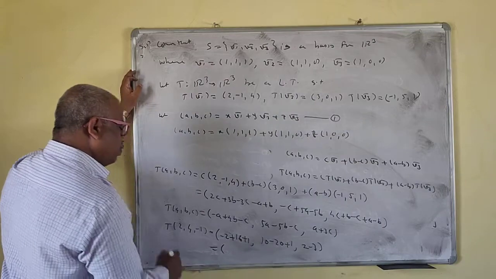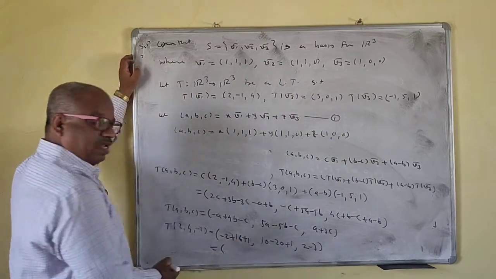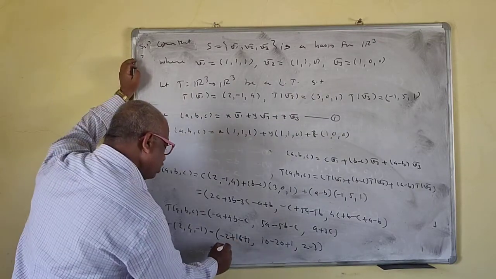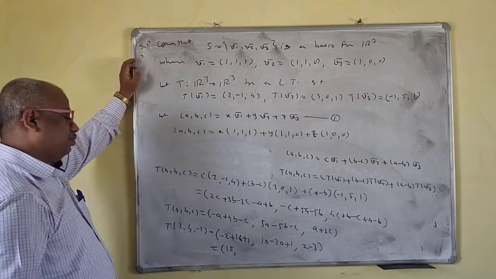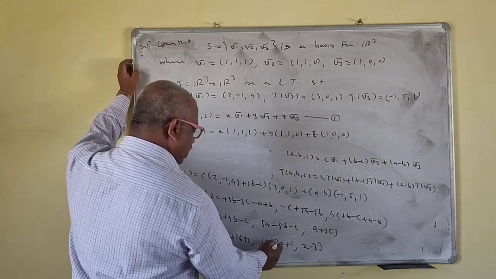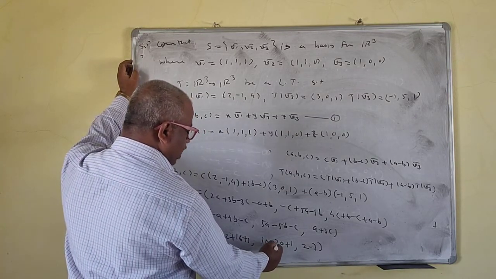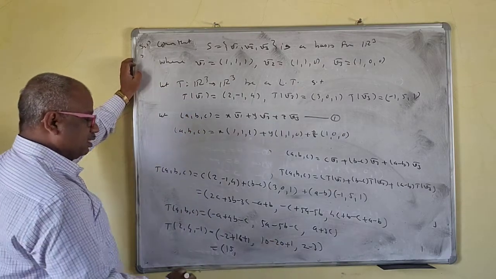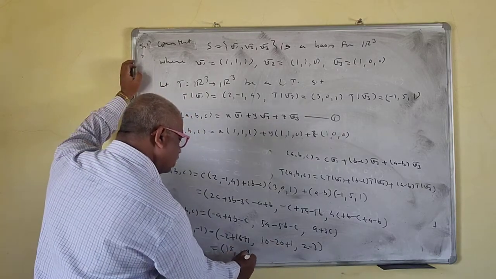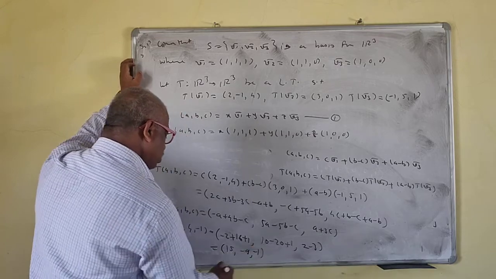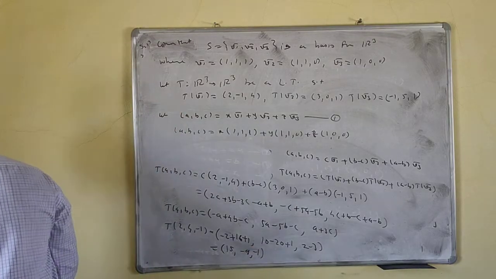So this is equal to 17, this is 15, then this is 11. So this is actually minus 10. Minus 10 plus 1 is minus 9, minus 1. So 15 minus 9.